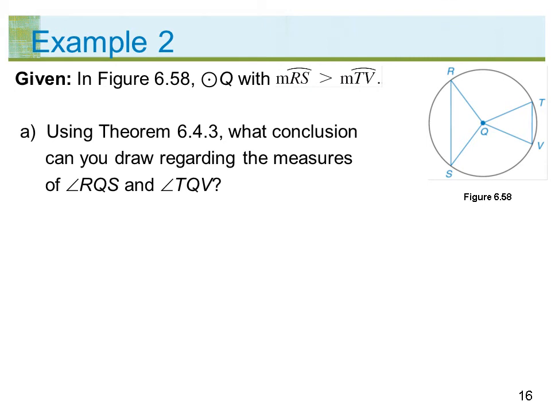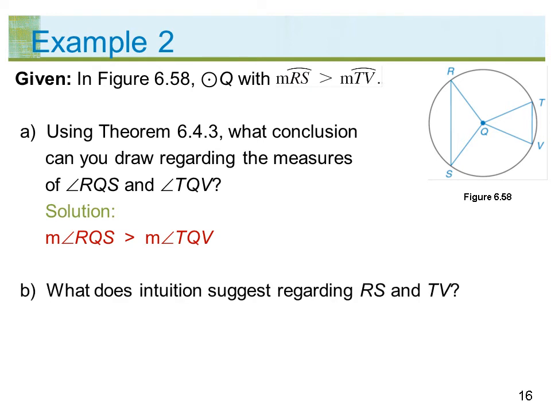A. Using Theorem 6.4.3, what conclusion can you draw regarding the measures of angle RQS and angle TQV? Solution. Measure of angle RQS is greater than the measure of angle TQV. B. What does intuition suggest regarding the length RS and the length TV? Solution. Length RS is greater than length TV.